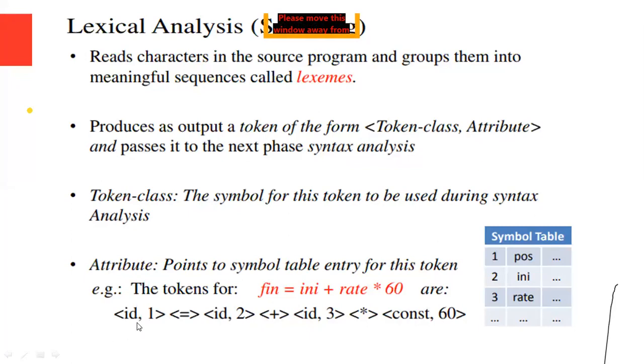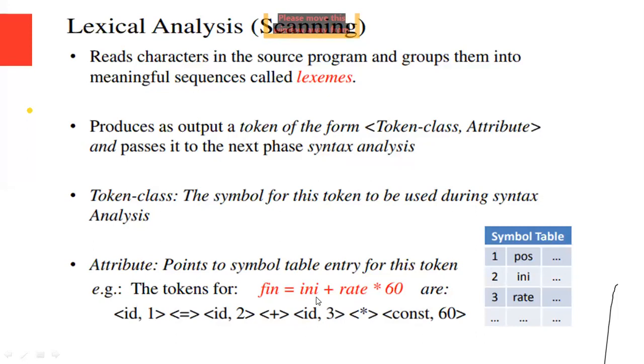So what is the token class? ID comma 1, that is attribute 1 and FIN. The first is followed by equals, another token, and ID comma 2. INI is the second one, ID comma 2, and plus is another token, and ID comma 3 is rate, and star is another token. 60 is a constant, so constant comma 60.